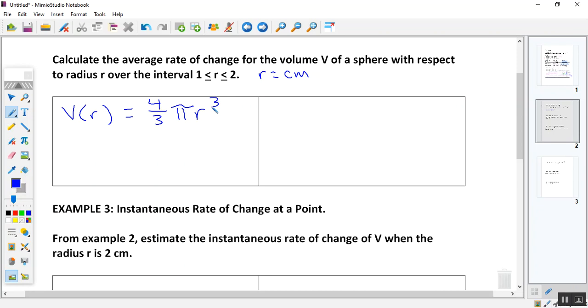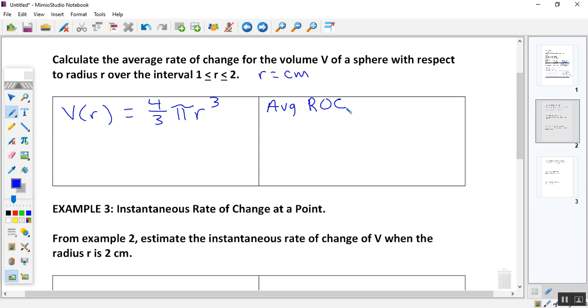Now, we want to know the average rate of change, and when we talk volume, what unit is volume going to be measured in if the radius is in centimeters? Cubic centimeters, right? So to understand the average rate of change, we would need to know the volume when the radius is 1 centimeter and the volume when the radius is 2.